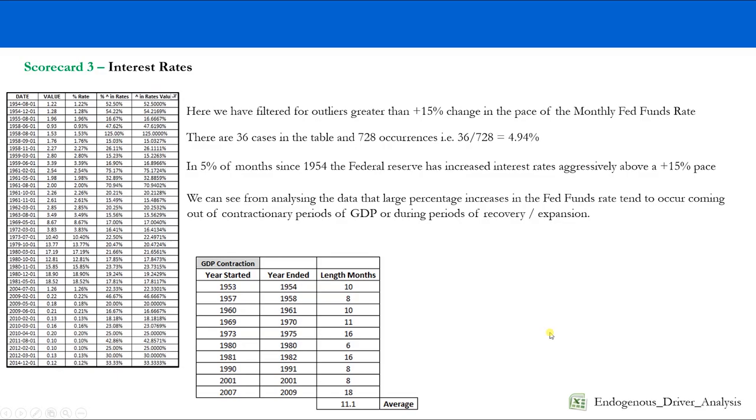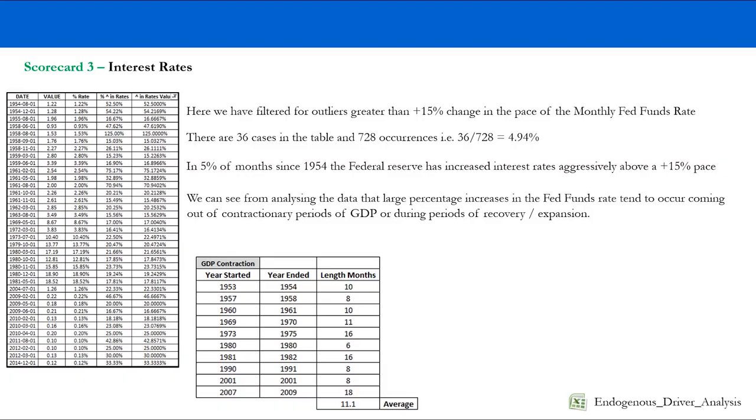What about if we have a look at the positive outliers? Well, we've looked at it again at a plus 15% change in the pace of the monthly Fed funds rate. So in terms of magnitude, we looked at minus 15% earlier. We're now looking at the parameter plus 15% to look at this equally. And when we filter for these values, we get a similar result.